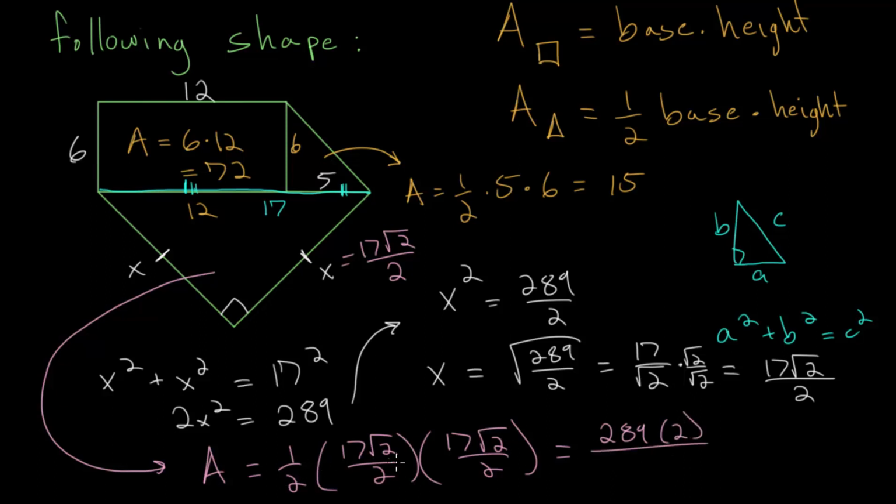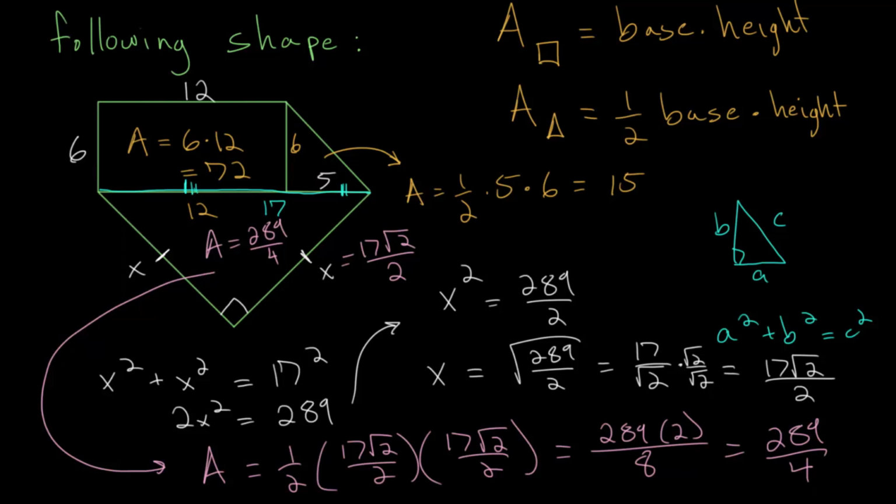And in the denominator, we have 3 2's multiplied together, which is 8. We can cancel a 2 from the top and the bottom so that we get 289 over 4. And if we want, we could make this a decimal, but the main idea at this point, we know this area is 289 over 4, is to add all of these areas together.